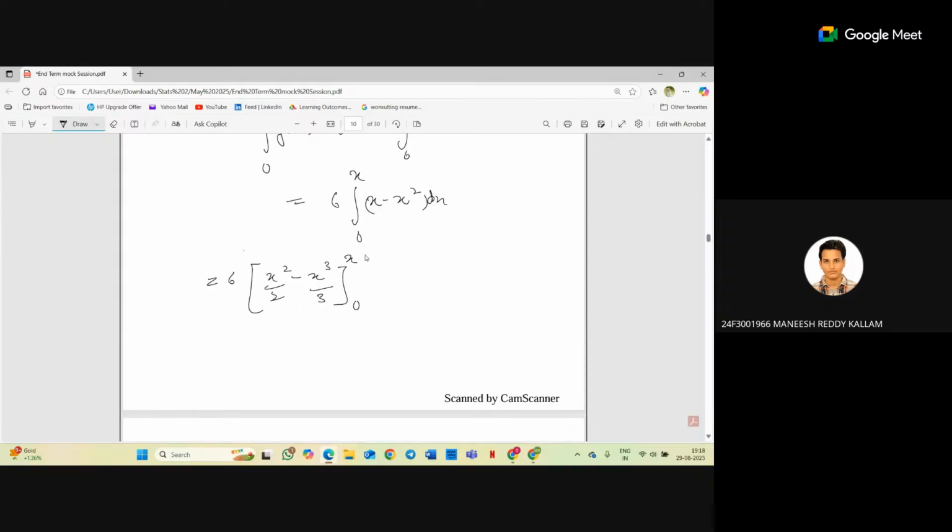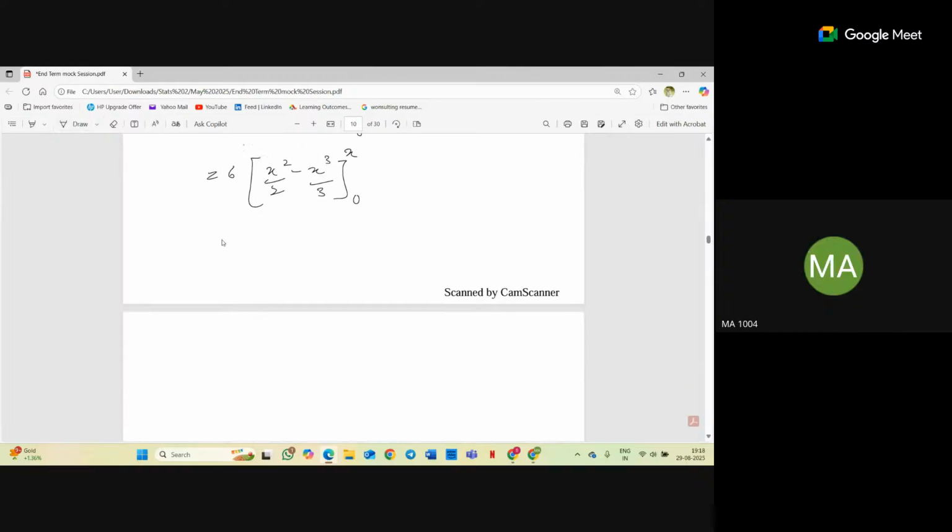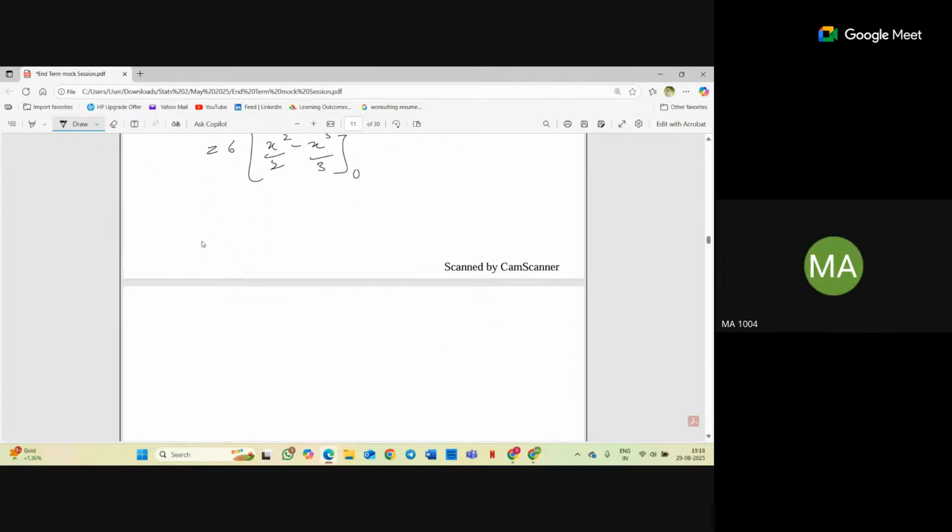Yes, ma'am. So now this will be equal to 3x squared minus 2x cubed divided by 6, right? So it will be equal to 3x squared minus 2x cubed.